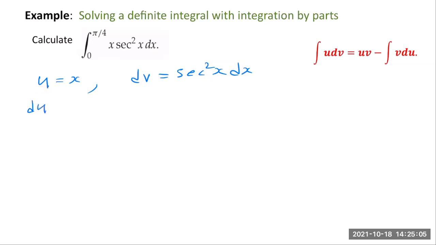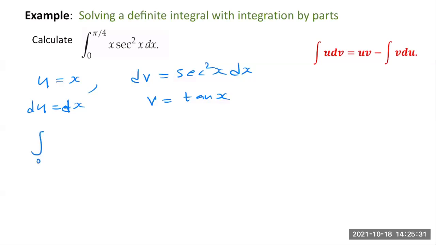That means du is equal to dx. Here, you anti-differentiate. You integrate both sides, then you will get v is equal to tan x, because we know that the integral of secant squared x dx is just tan x. So now we have everything to go with the integration by parts formula.